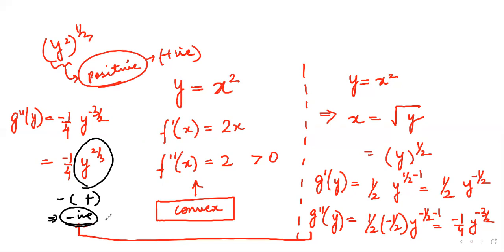So can I say that this inverse function that I just have will be concave? And in fact, strictly concave, right? Because it's strictly negative. It's not equal to 0, unless it is for y equal to 0. So try it for other cases and see if you get any counterexample to it.